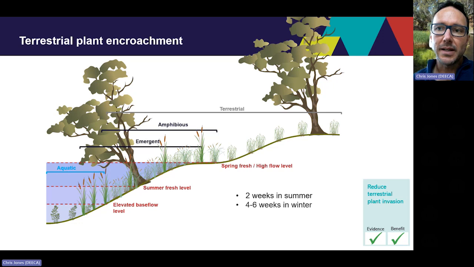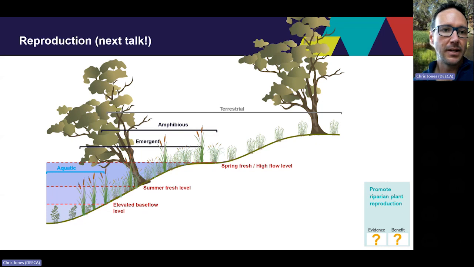So the sweet spot is being able to time our flow events to give a greater disbenefit to the terrestrial plants than the riparian ones, so that we can shift the competitive dominance away from terrestrial plants towards riparian ones. And knowing these times and how it varies with season gives us a really good ability to strategically manage flow events to achieve this switch of dominance. So, looking good so far.